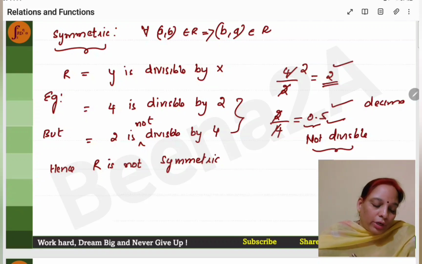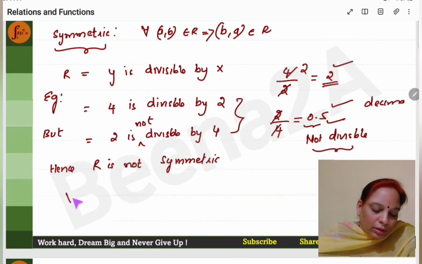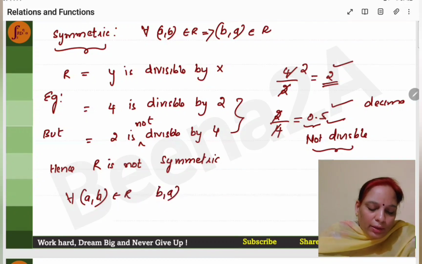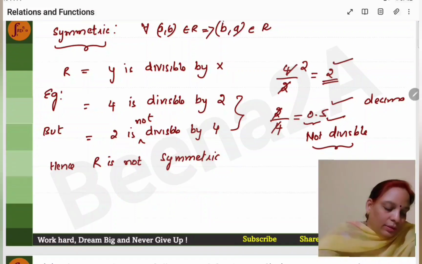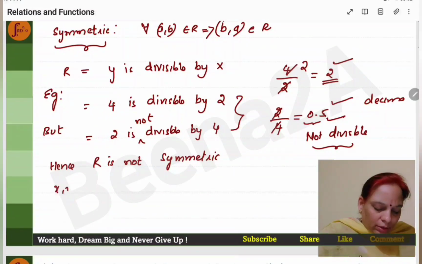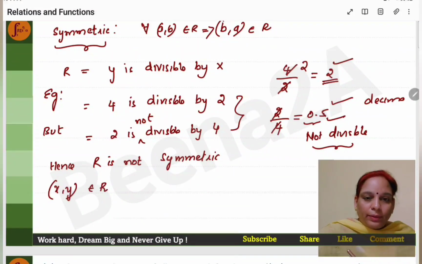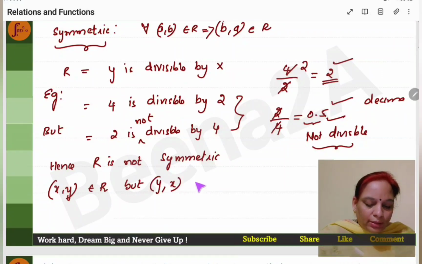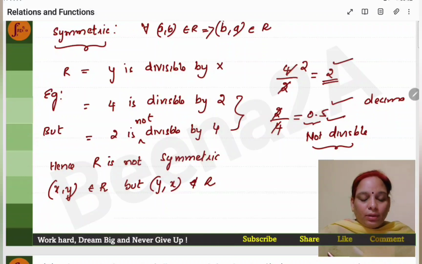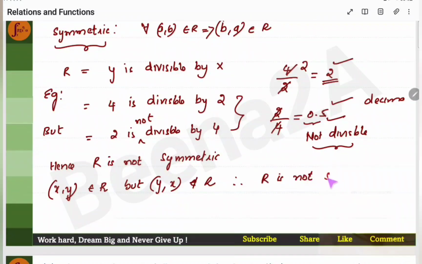How should I write it? I can also write it as, for every pair (a, b) belonging to R, (b, a) does not belong to R. Or I can say (x, y) belongs to R, but (y, x) does not belong to R. Therefore, R is not symmetric. You can write it this way also.